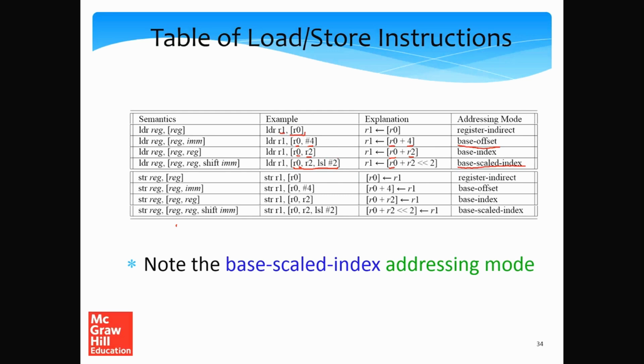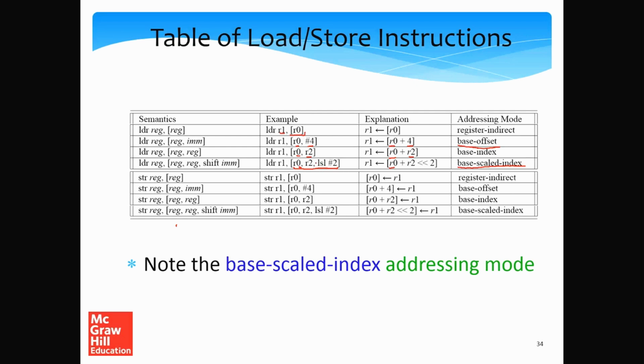This is where the notion of the base and scaled index comes in, where the portion of text within the square brackets denotes the address, and the memory address is computed as follows: R0 plus R2 multiplied by the left shift amount, or divided by the right shift amount. Let's say it is R2 with LSL hash 2. This R2 LSL hash 2 is a shifter operand, and instead of LSL we can have LSR, ASR and ROR.